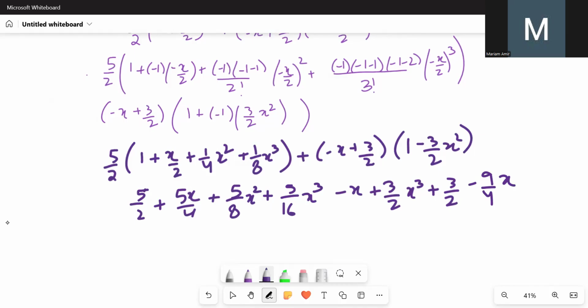Okay, now add the like terms. So you'll get 4 plus 1 over 4 x minus 13 by 8 x squared plus 29 by 16 x cubed.